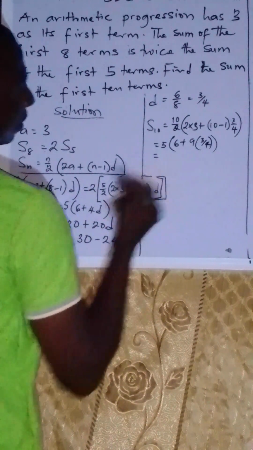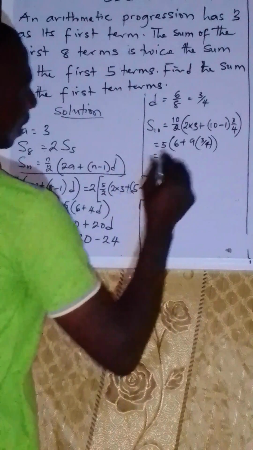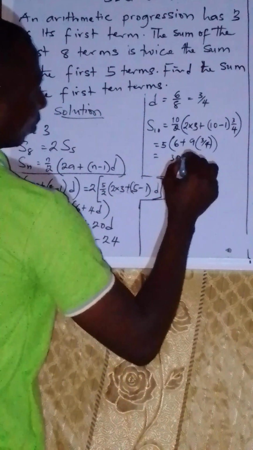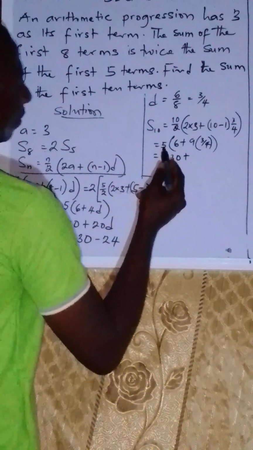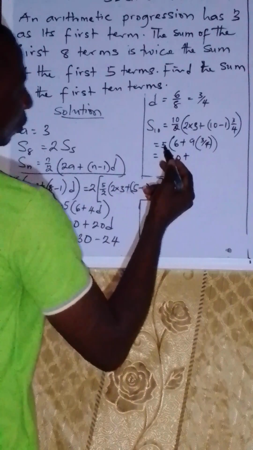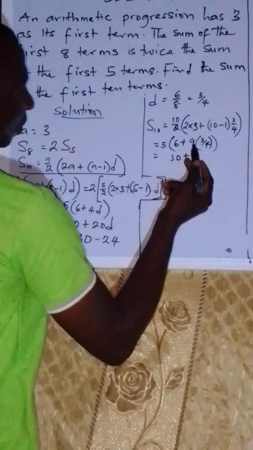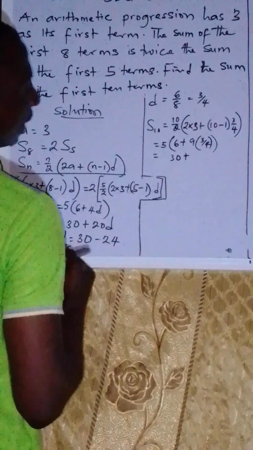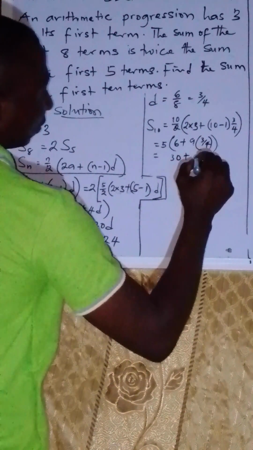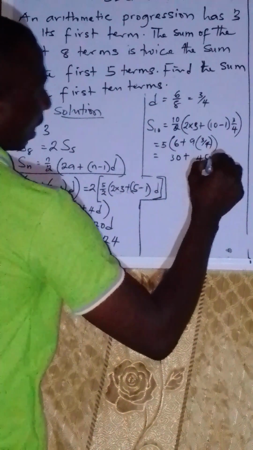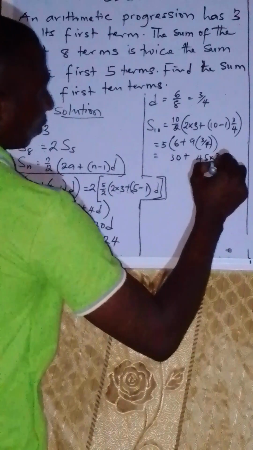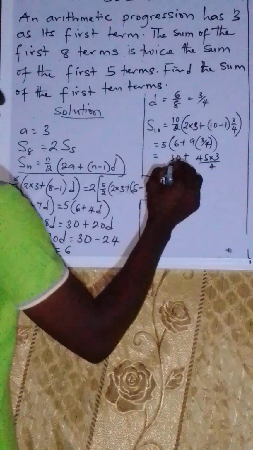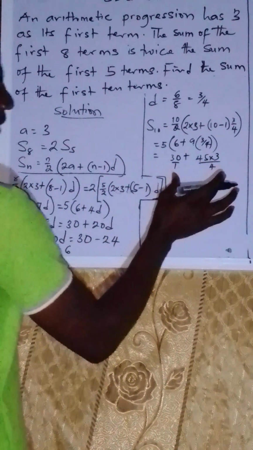Now we open the bracket. 5 times 6 is 30, plus 5 times 9, that's 45, times 3 over 4. This one is over 1, so you can find the LCM.